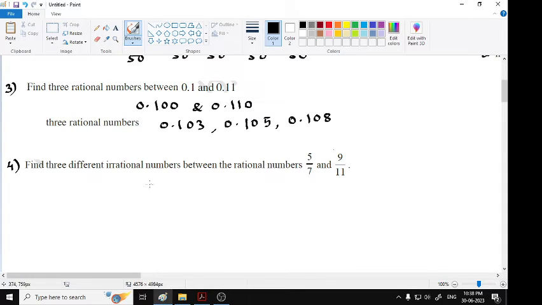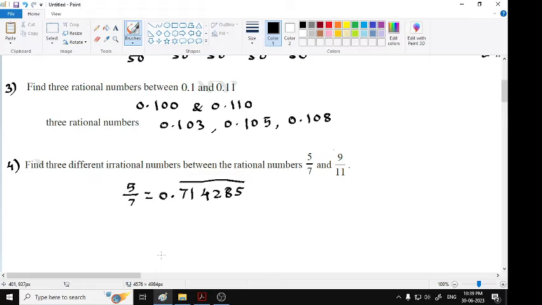This will be a non-terminating and recurring decimal expansion, and that decimal expansion is 0.714285. This pattern will come again and again.